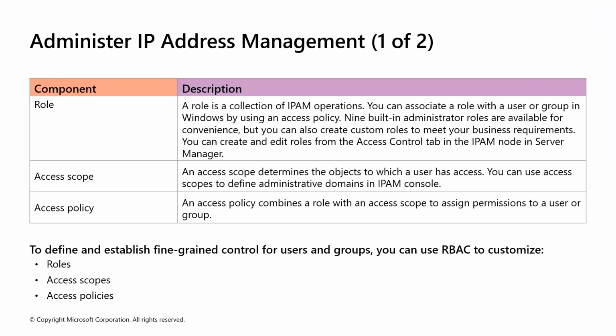There are 9 built-in administrator roles, but you can create custom roles as needed. Access scopes determine which objects a user can access, and access policies combine roles and scopes to assign permissions. This structure allows you to tailor IPAM management to your organization's needs.